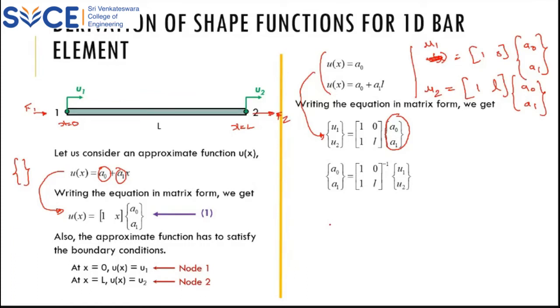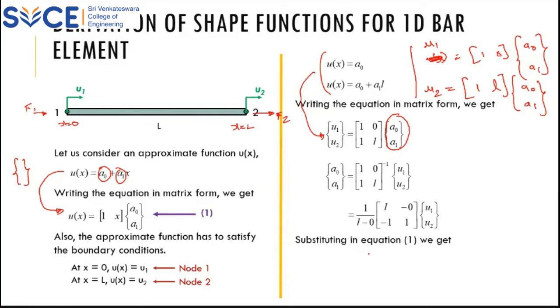When I take the inverse, you know it is adjoint of A divided by the determinant. So adjoint of A divided by modulus of A is your inverse. You will get something like this: L, minus 0, so minus 1, 1, times u1, u2.